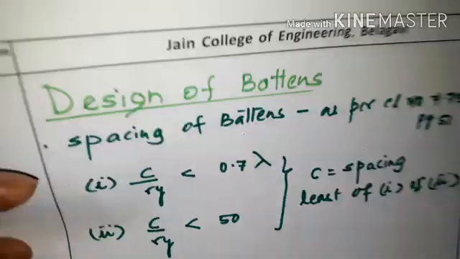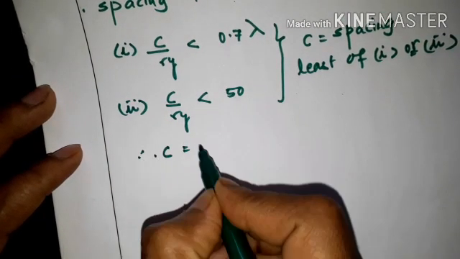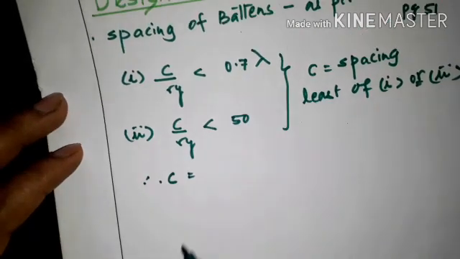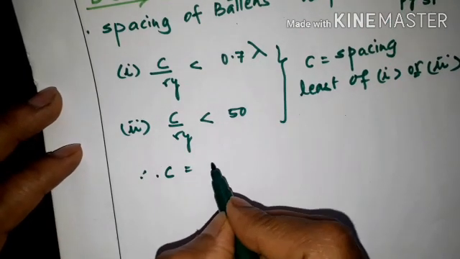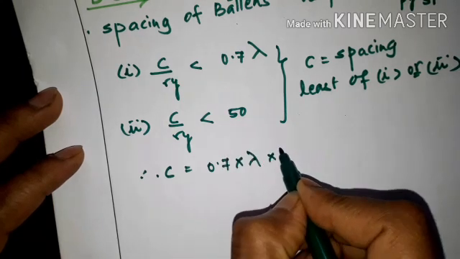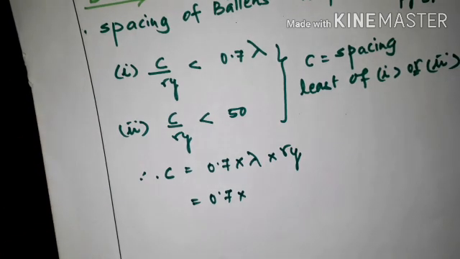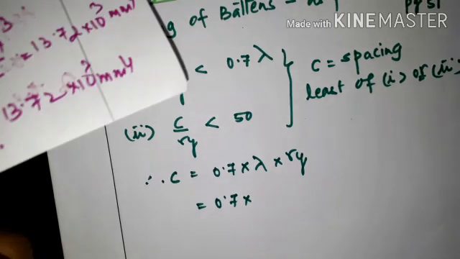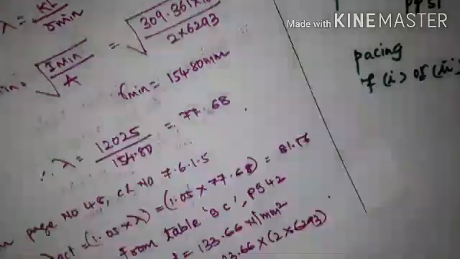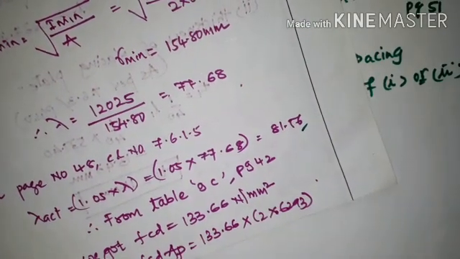Therefore we have to find out C from this. By the first condition, C is equal to 0.7 times lambda into ryy. Lambda we have already calculated in the previous problem, I will show you, and we got it as 81.56.